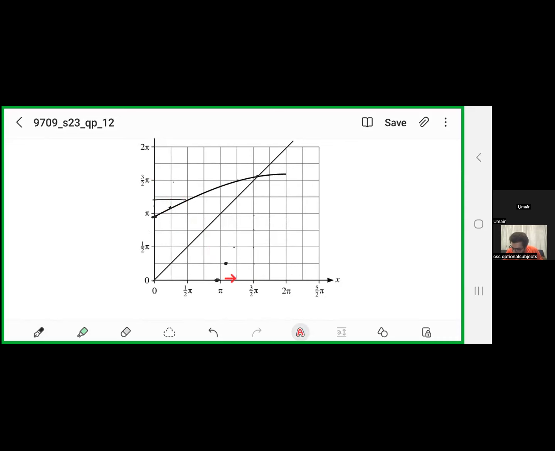So this is 3 pi by 2. It will be over here. Similarly, you can reach the other values. For example, this is 3 pi by 2 over here. So just by correlating the values, by interchanging the values of y with x, you can draw this curve. This looks fine.